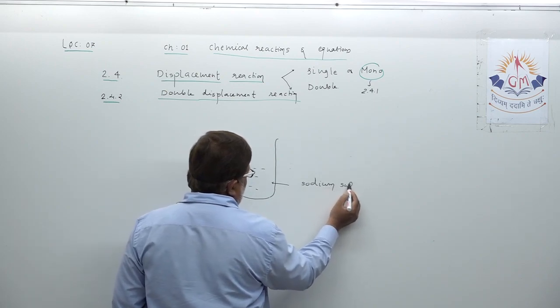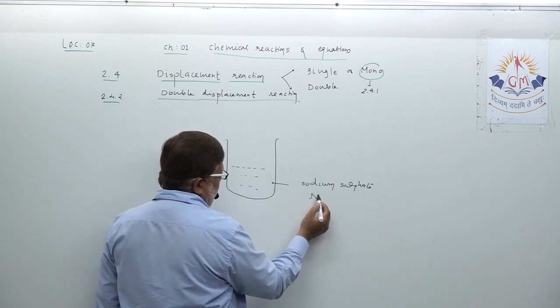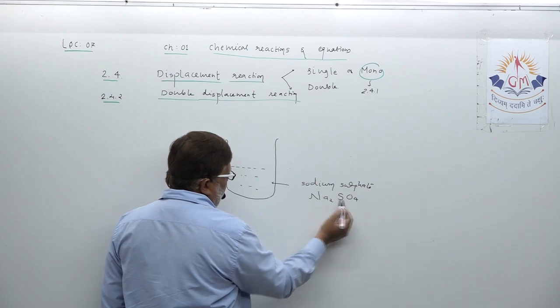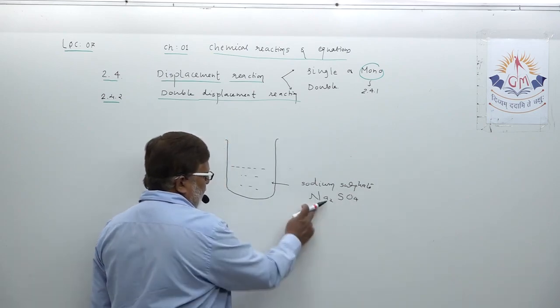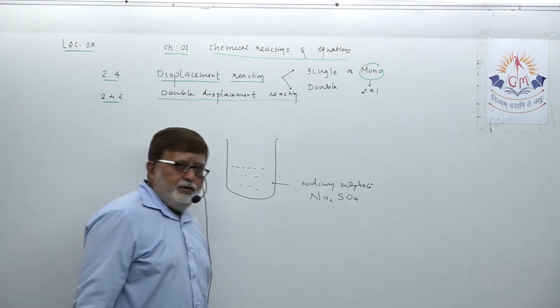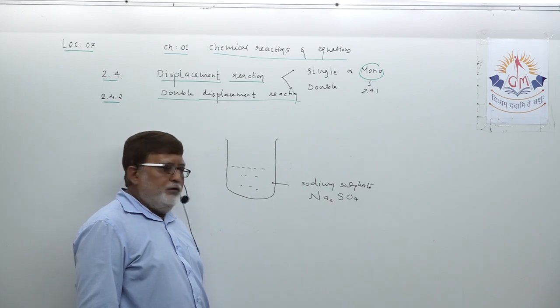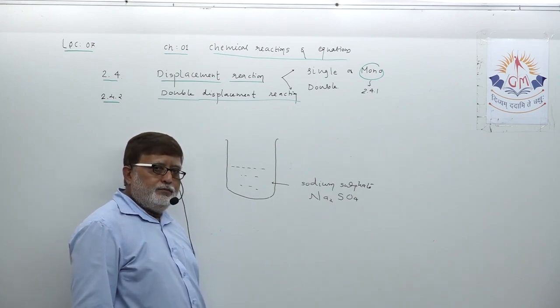The formula, dear student, how to generate it I have taught you. Sodium sulfate is Na2SO4. Understand why Na2? SO4 has -2 valency. Sodium has +1 valency. So we have taken sodium sulfate solution in a test tube.